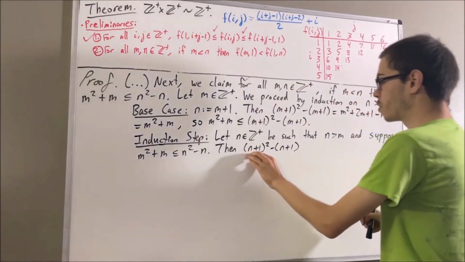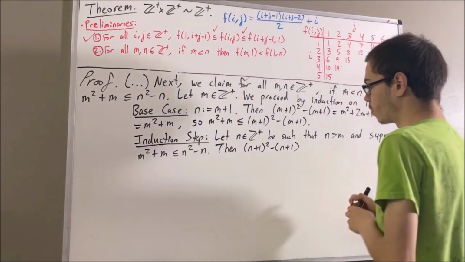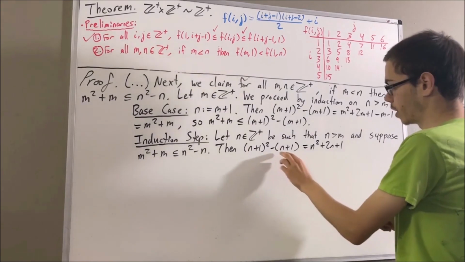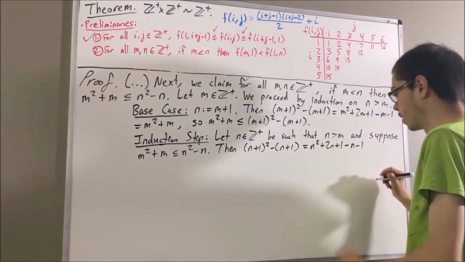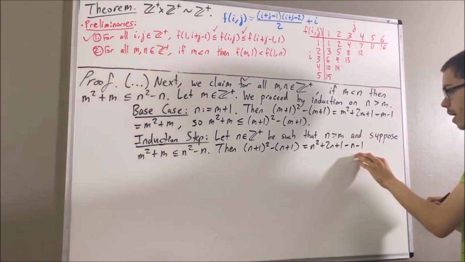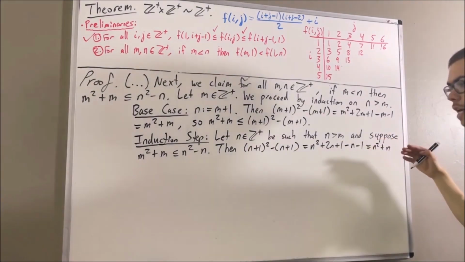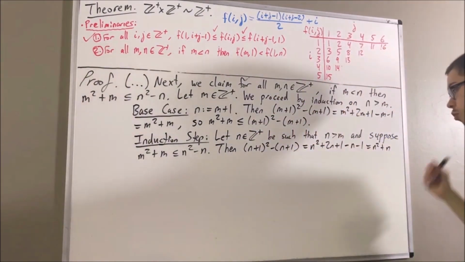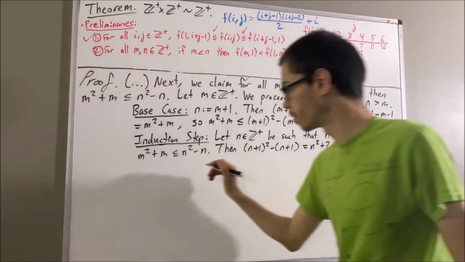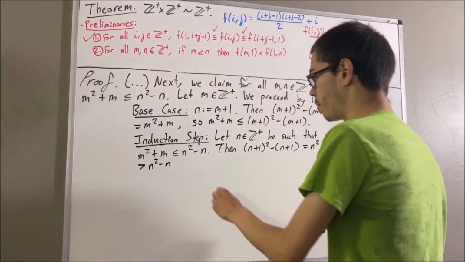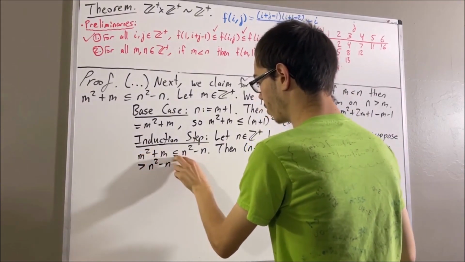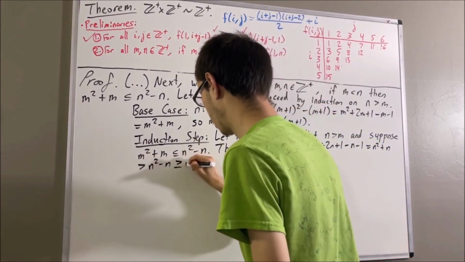If we expand out the first parentheses, we're going to get n squared plus 2n plus 1. If we expand out the second parentheses, we're going to get minus n minus 1. And this just simplifies down to n squared plus n. And since n is a positive integer, it follows that n is greater than the negative of n. And by our induction hypothesis, we know that n squared minus n is greater than or equal to m squared plus n.